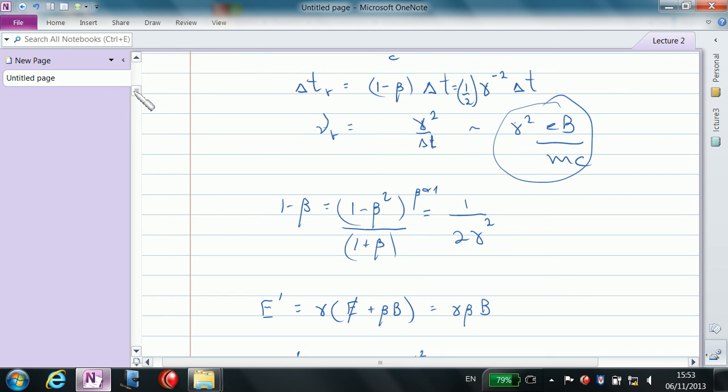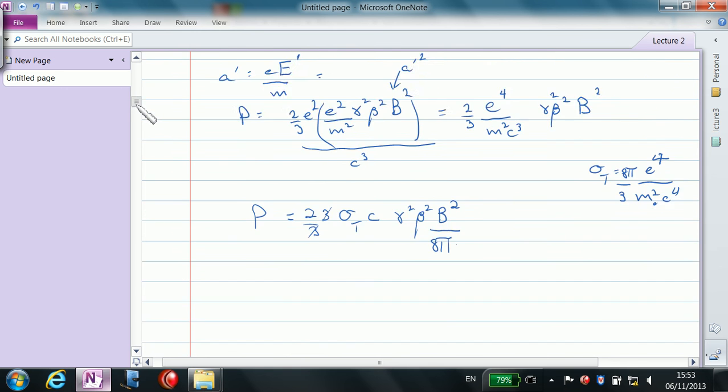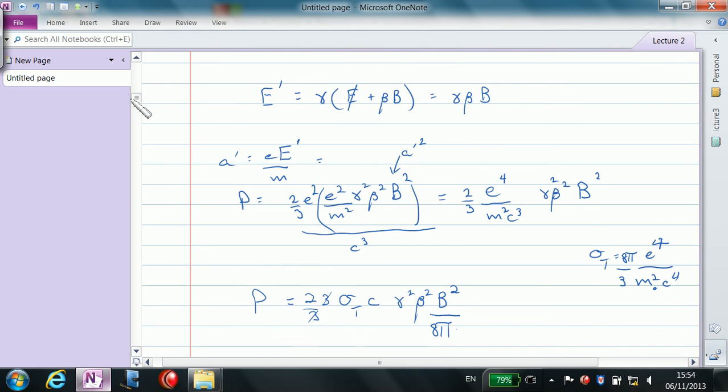Oh, I know why. This was assuming that the velocity, that beta squared, was perpendicular to B in this transformation.